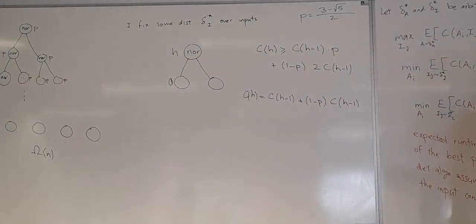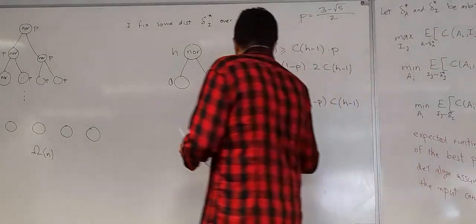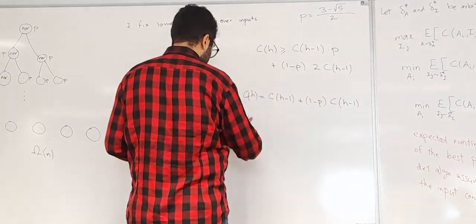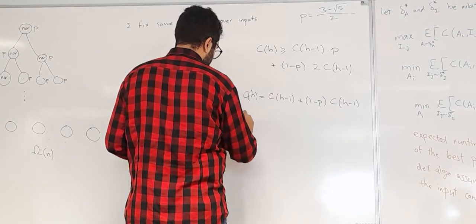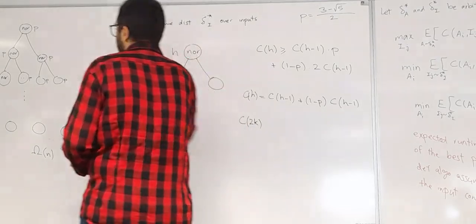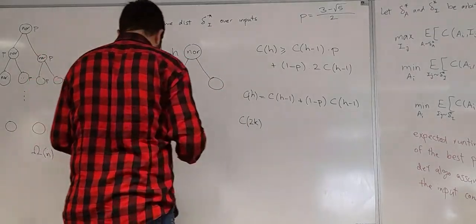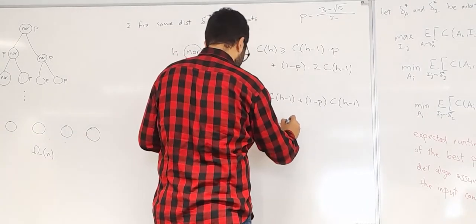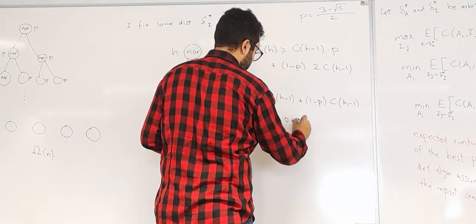And if you do that, and I don't want to again do all the calculations, but this is a simple thing that you can solve. So what you will get at the end is that the cost for height 2k, which is the cost for evaluating our original tree, is greater than or equal to n to the power of 0.649.